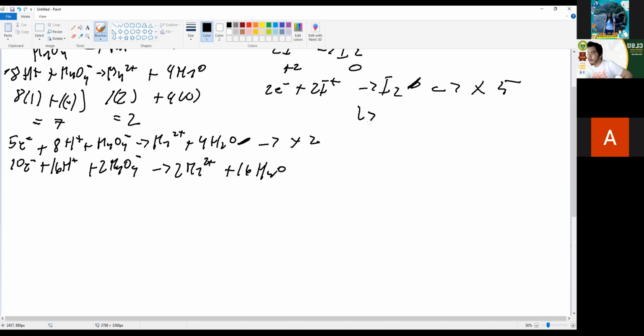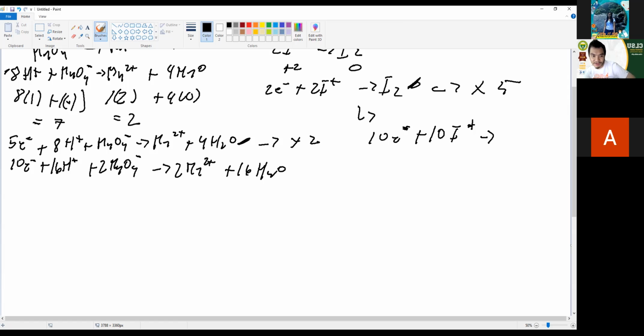And then here, magiging 10 electrons plus 10 iodine positive. Tama ba? Iodine positive ba yun? Ay, hindi pala. Hindi pala siya positive.